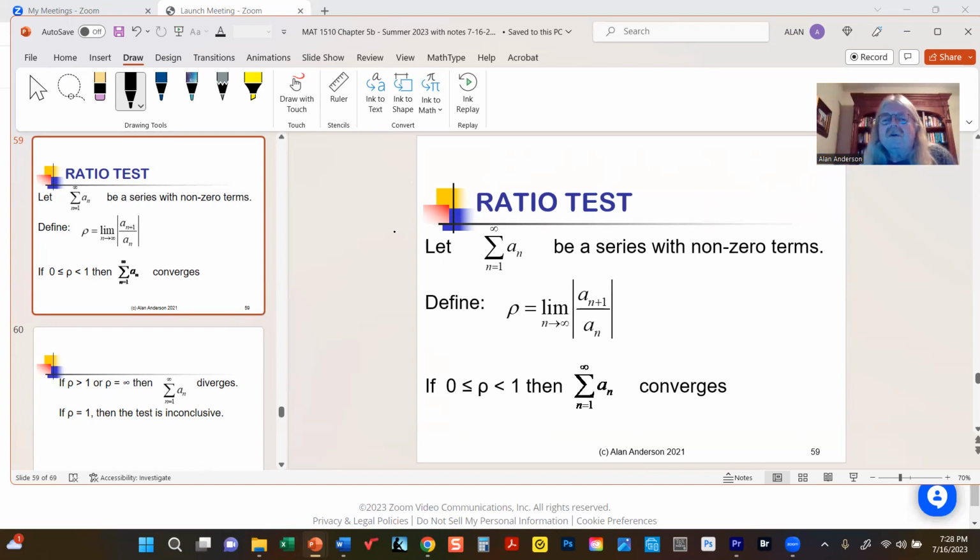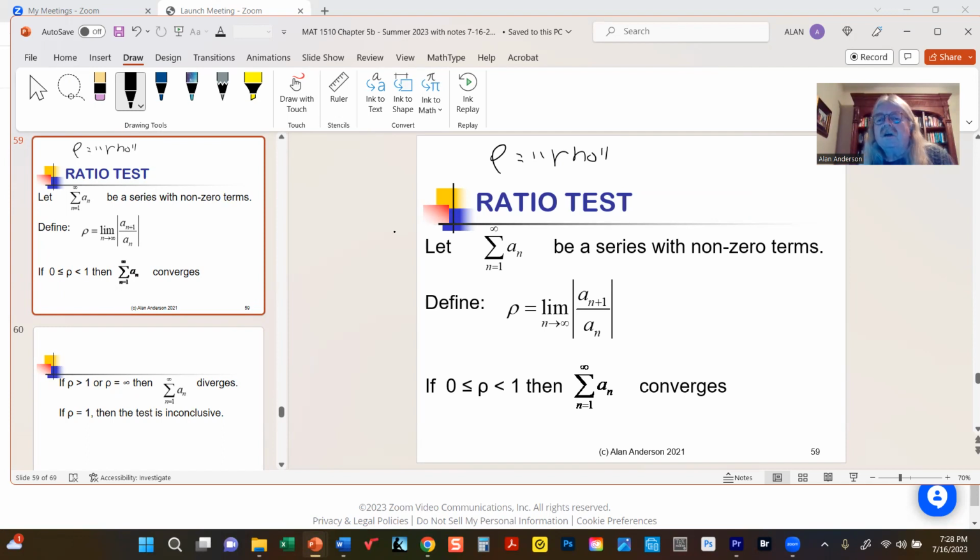This is the Greek letter rho. In statistics, you've probably seen this used to represent the correlation between two variables, but here it's being used in the so-called ratio test, and the value of this rho is what will tell us if our series converges or not.